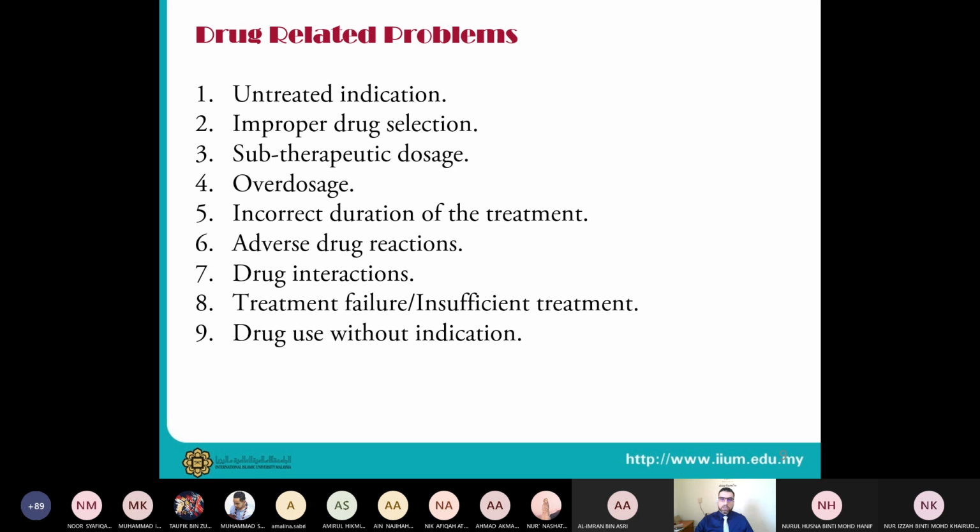Are there other drug-related problems or PCI? Yes, but these are the main drug-related problems. For example, others can be considered, as I mentioned, pharmaceutical care issues, like the dosage form is inappropriate for the patient, given IV instead of oral. The patient is unable to take the medication because either he does not know how to use it or is unable to use it, unable to swallow, unable to inhale.